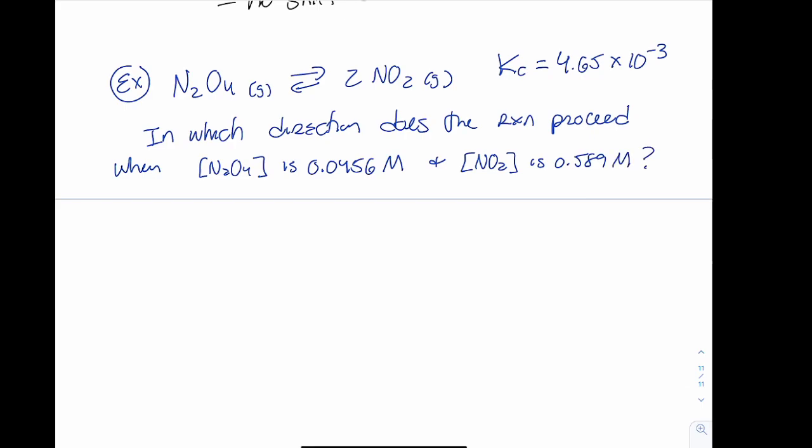So we're going to solve for Q, compare it to K, and determine which direction it's going to favor.